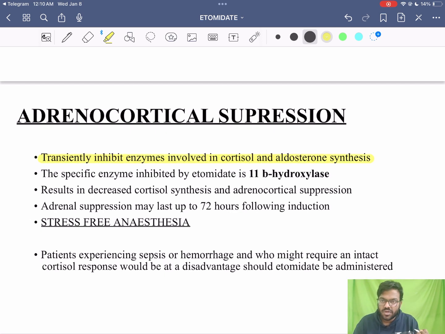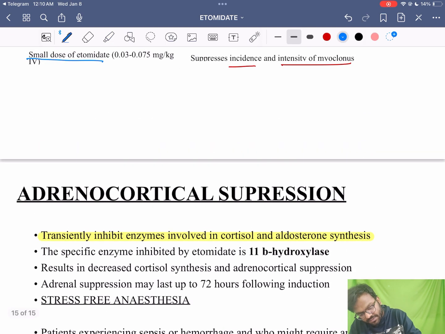Cortisol is basically a stress hormone. Okay, so when there is stress, the HPA axis is triggered, and what happens because of this?